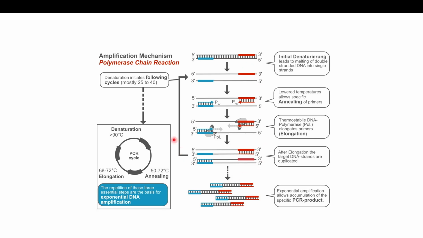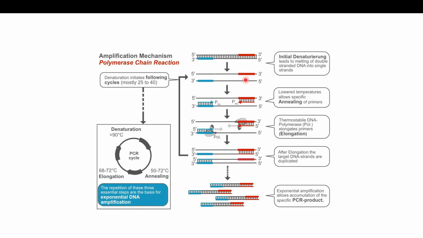Now multiple cycles of synthesis and separation take place. Initial denaturation is for the very first template strands to separate. And then after that, each strand separates; this usually happens at 95 to 98 degrees Celsius.